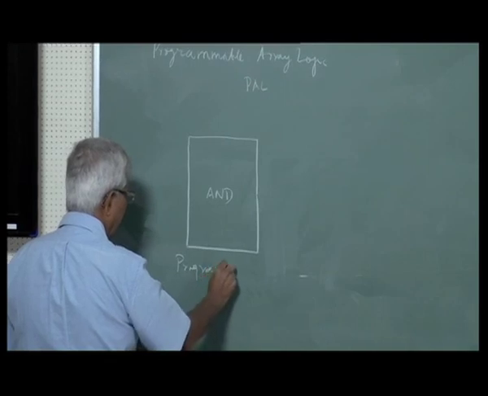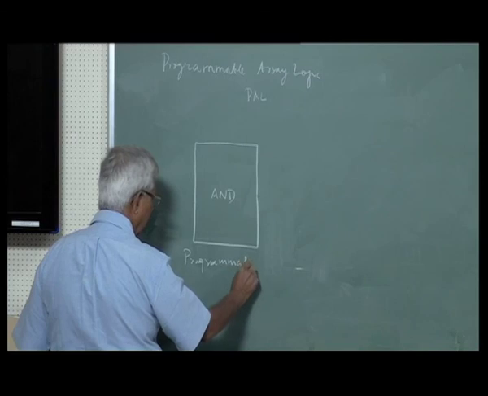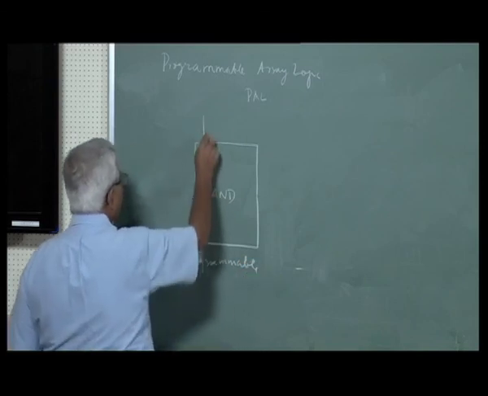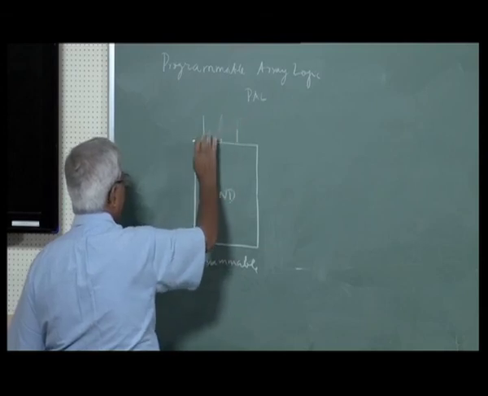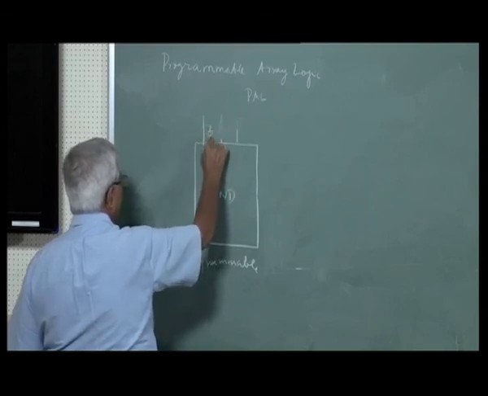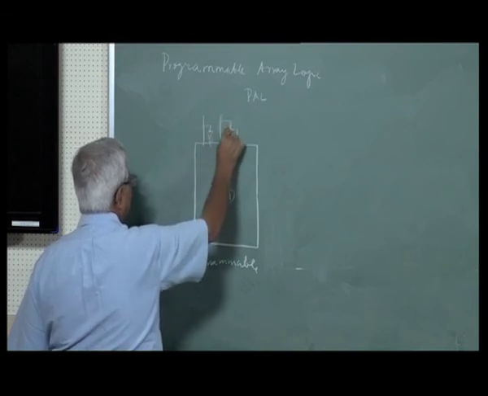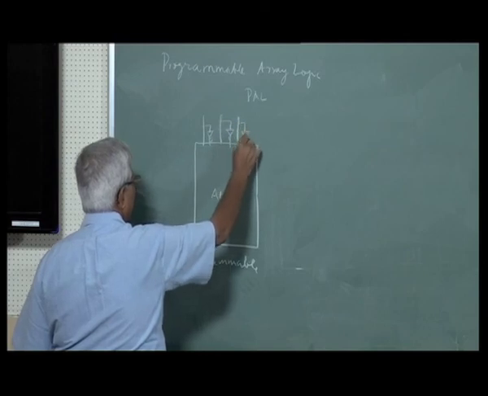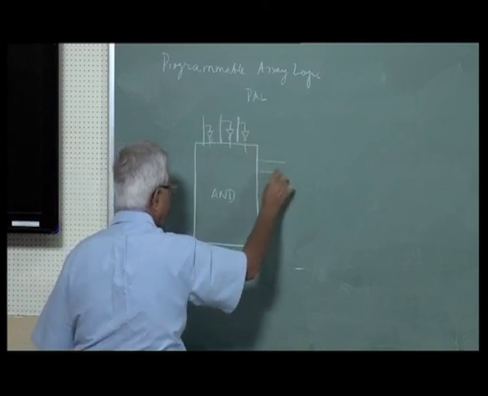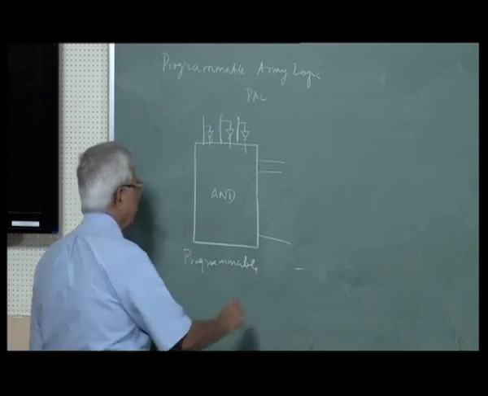That means you can have inputs, of course with inverters and all that. I am not showing all that. And generate product terms as required, like the earlier case, using AND gates.